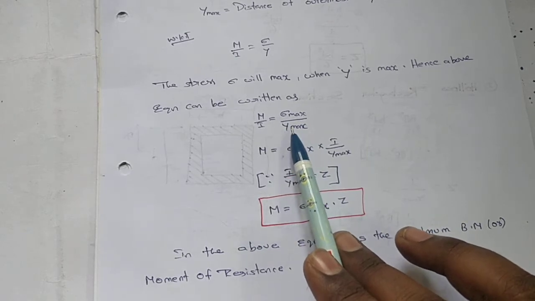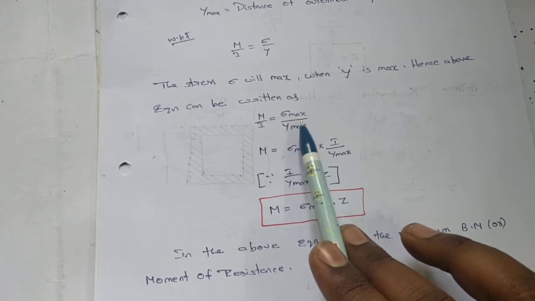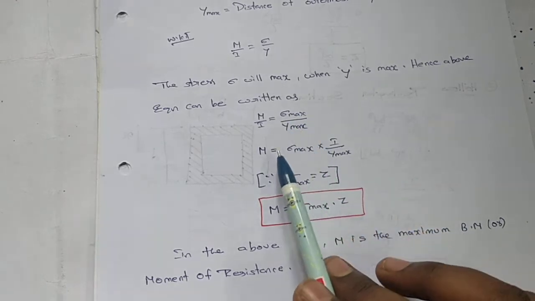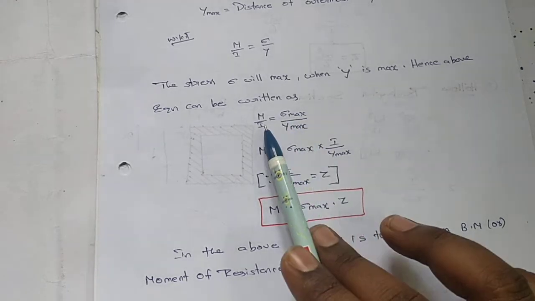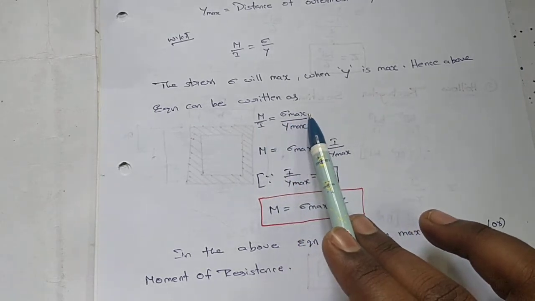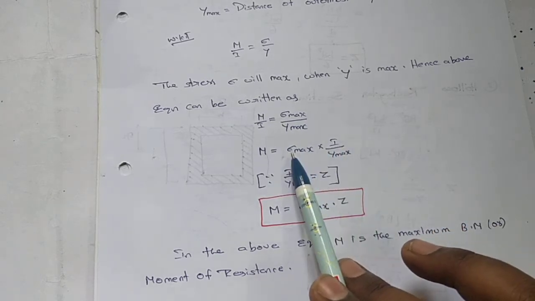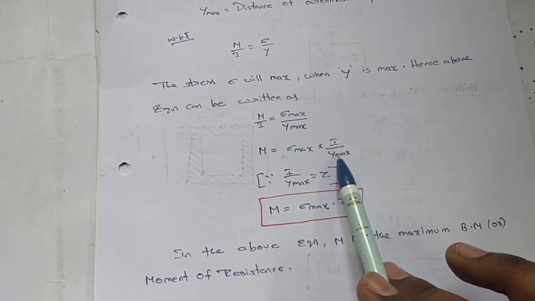So the bending stress depends on the Y value. M equals sigma max into I by Y max.